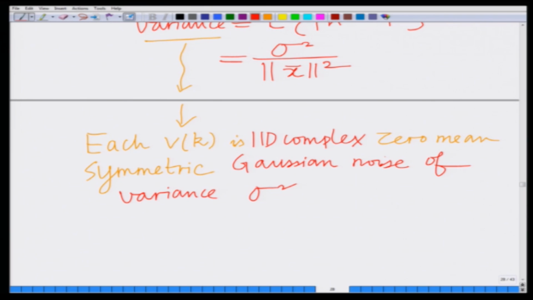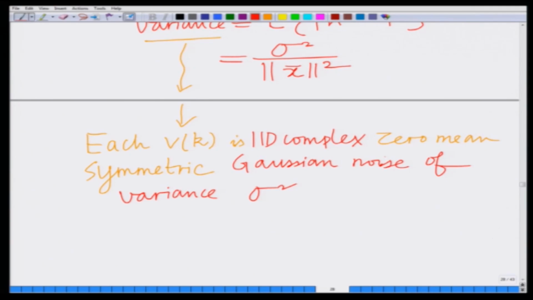So, when the noise vector V bar is a complex circular symmetric Gaussian noise vector, it means each Vk is an IID complex Gaussian symmetric zero mean random variable of variance sigma square, which means the real and imaginary parts are zero mean, independent, and of variance sigma square by 2 each.